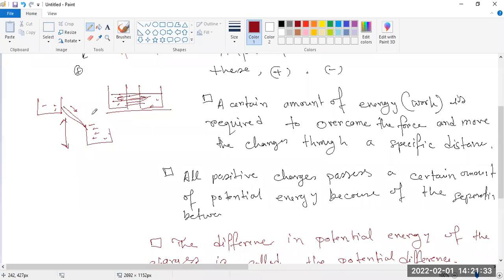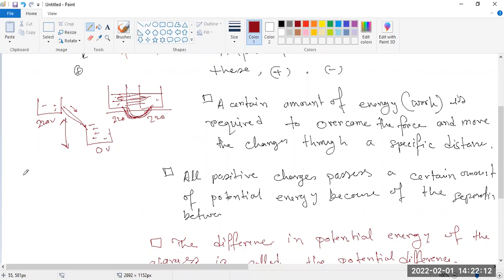This is just similar to your electrical field. If there is 220 volt and say 0 volt, then there must be a flow of current. But if there is 220 volt and this is also 220 volt, if you connect with a conducting path or conductor or conducting material, nothing happens, because there is no potential difference.